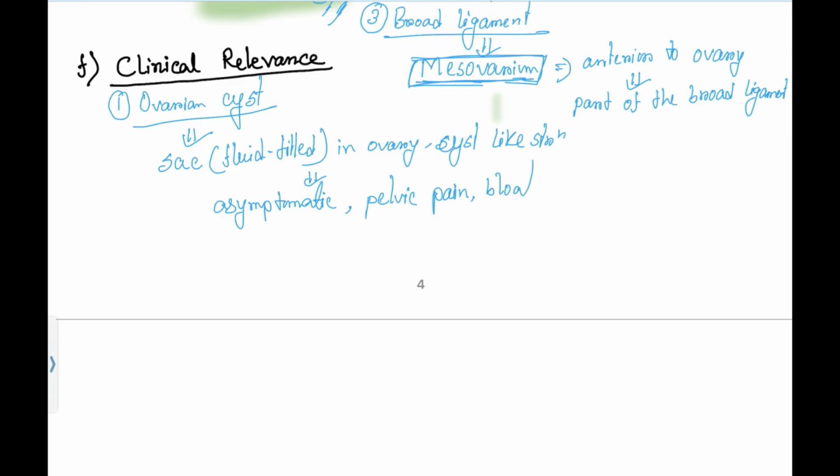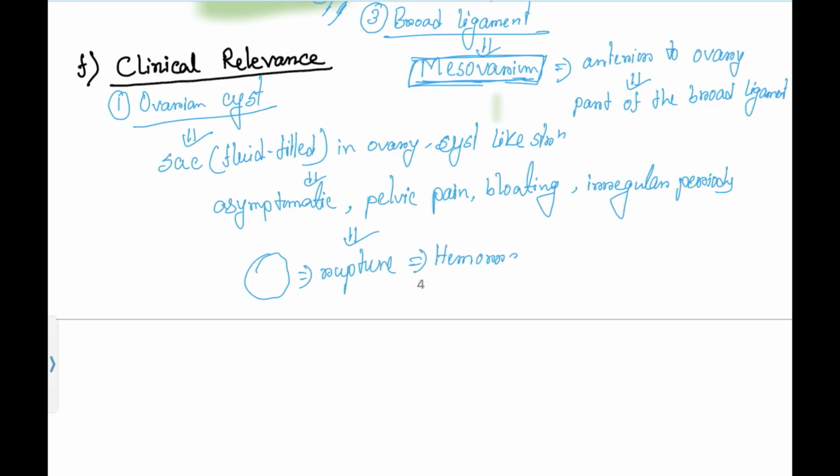The female will have a bloating sensation, and irregular menstruation, irregular periods will be there. It can also get ruptured. If the cyst size is bigger, it will rupture, and if there is rupture, there will be hemorrhage. So this will be the complication of the ovarian cyst.